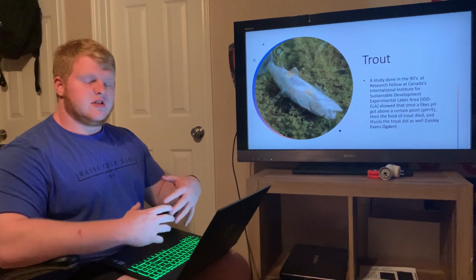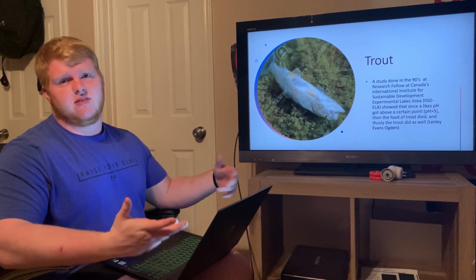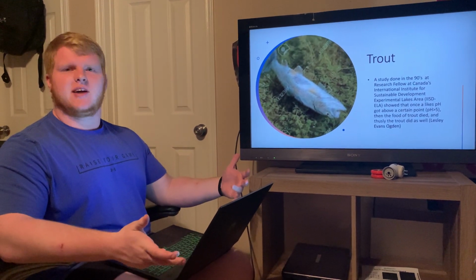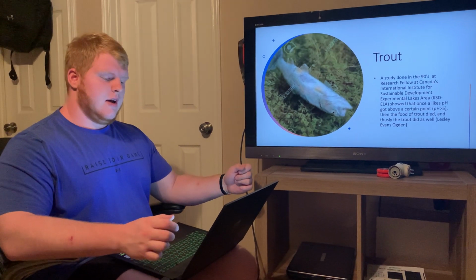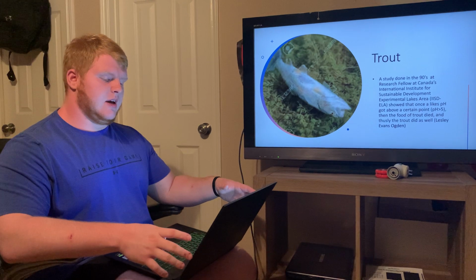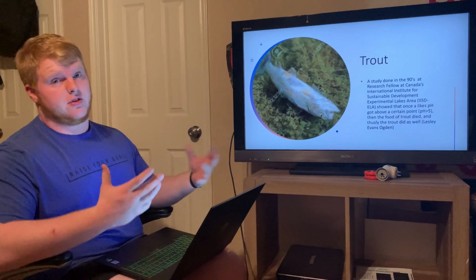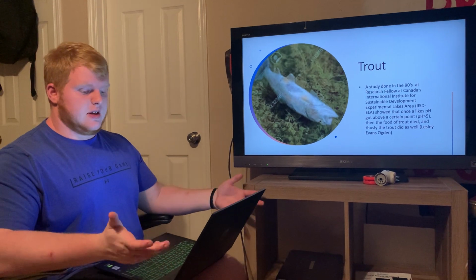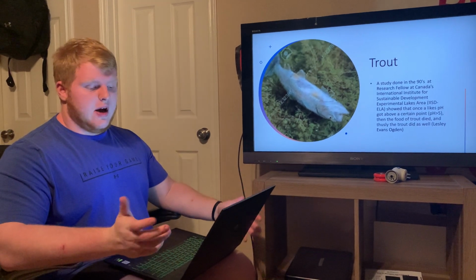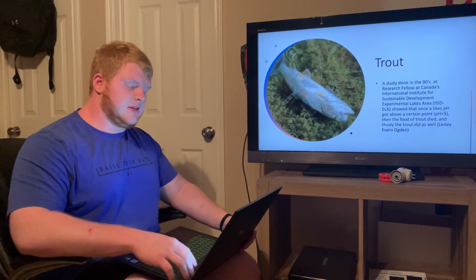It showed that once a pH got to a certain point, roughly anything higher than 5, almost like China's acidic rain, all the food in the area died, or the food for the trout died. So, thusly, the trout died as well. This study was by Leslie Evans Ogden, by the way.